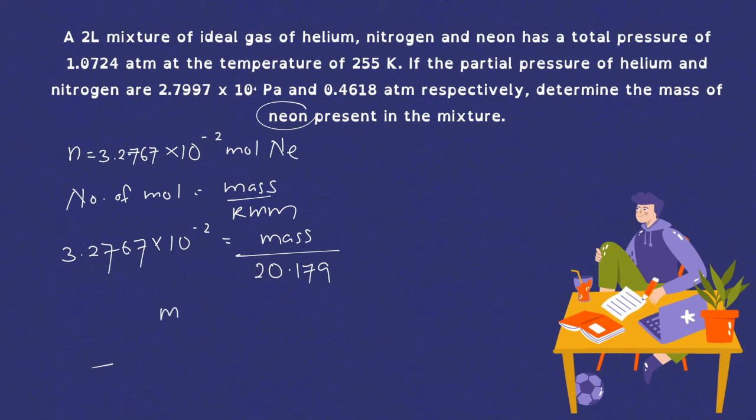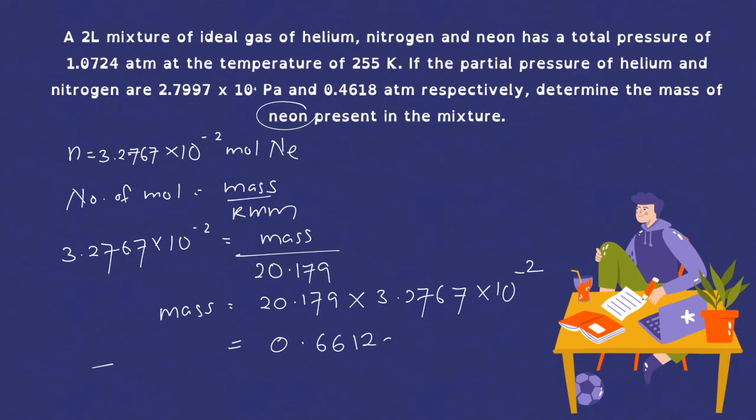So your mass is actually 20.179 times the number of mole, which is 3.2767 times 10 to the power of negative 2. Therefore, you get the mass of neon is equivalent to 0.6612 gram. This is the mass of neon present in the mixture.